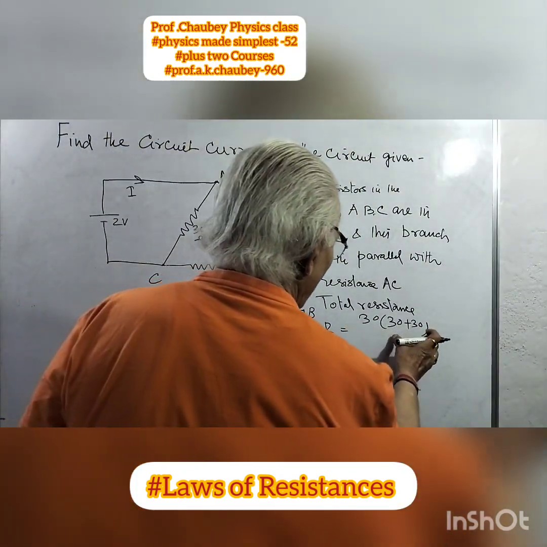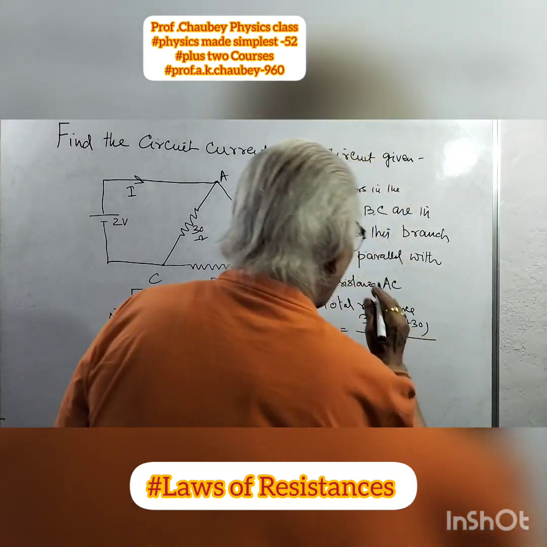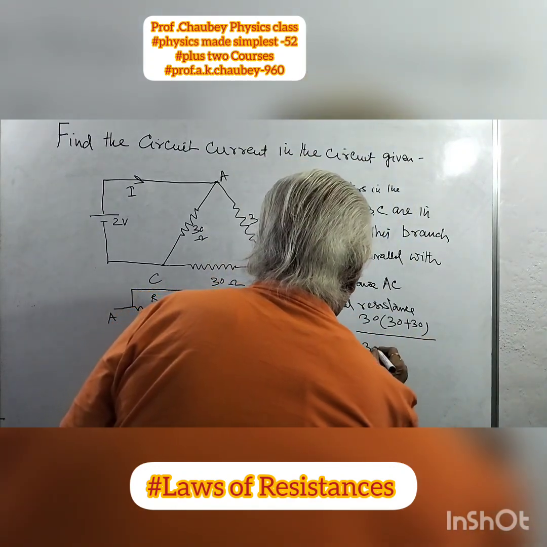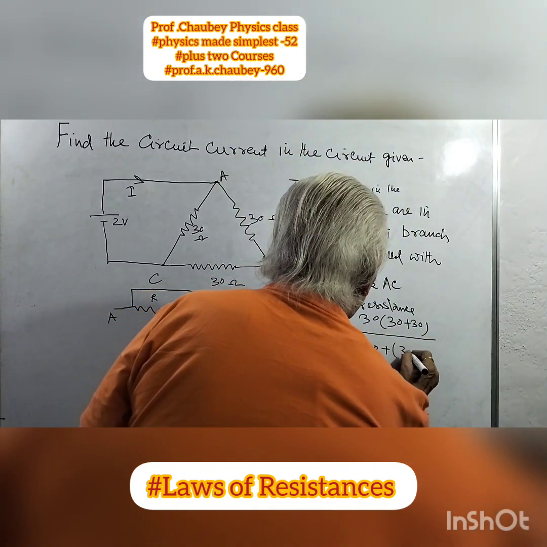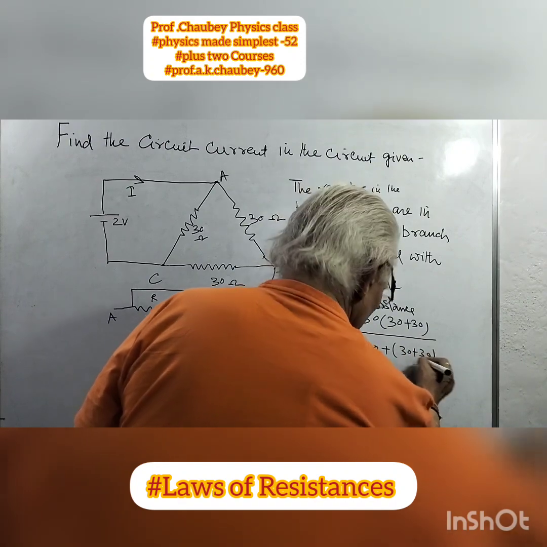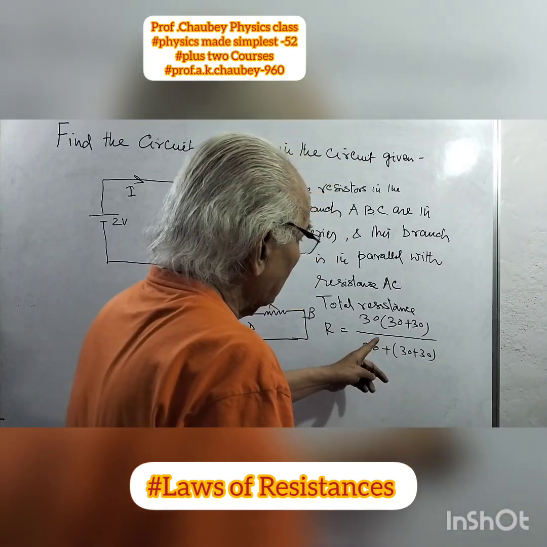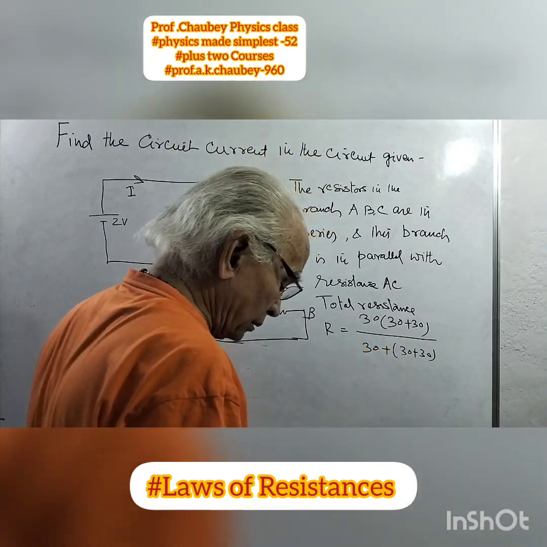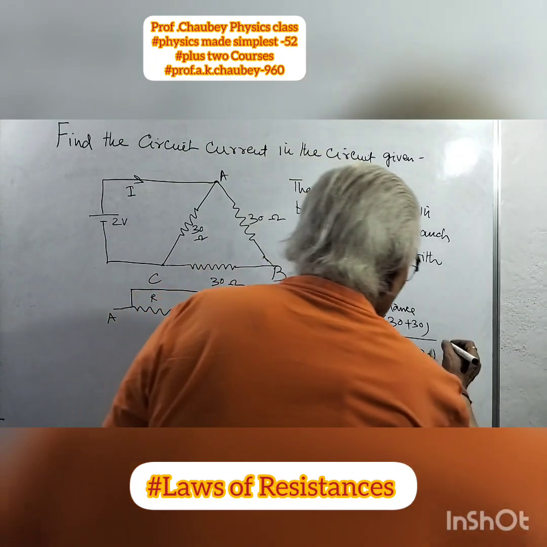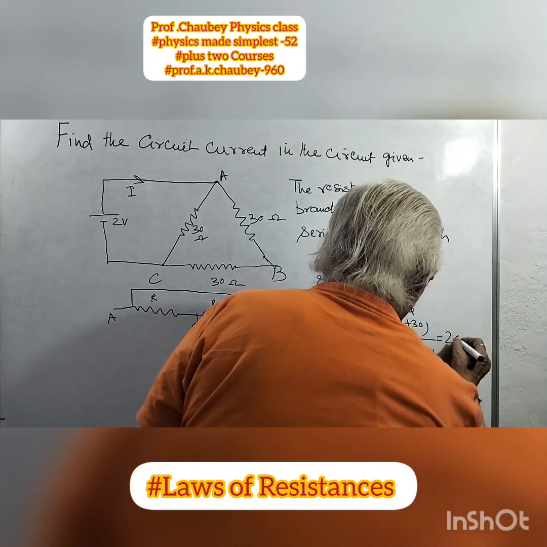So R1 into R2 divided by R1 plus R2: 60 into 30 over 90, which is 20 ohm.